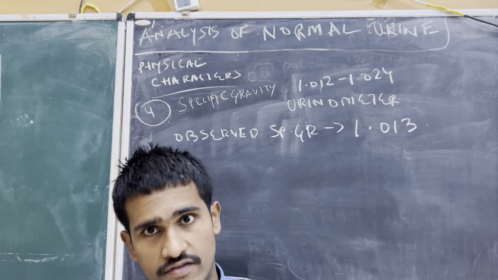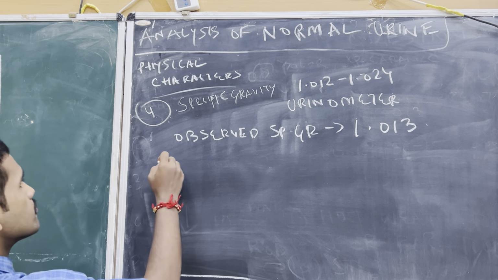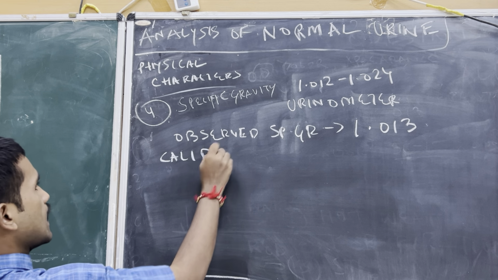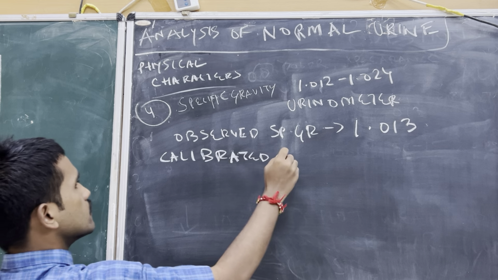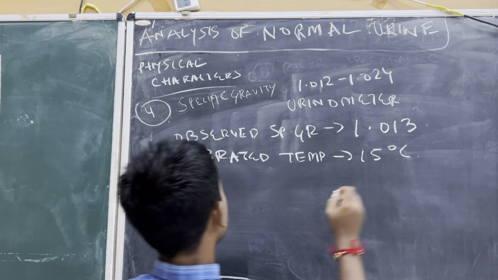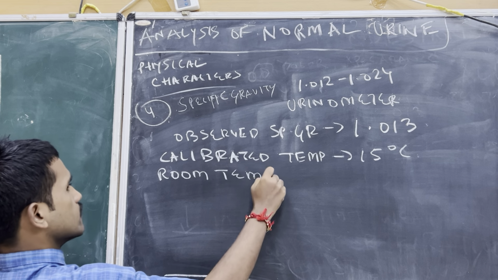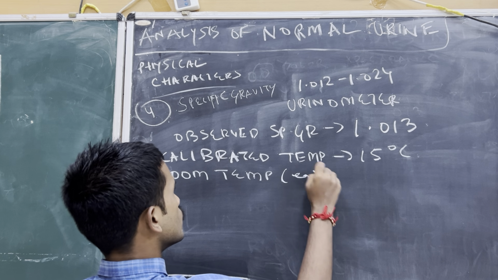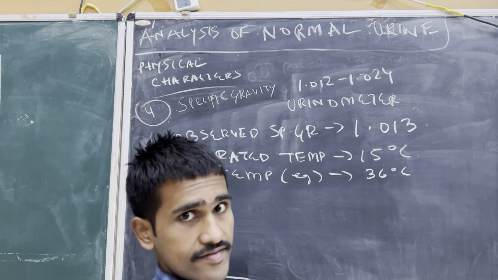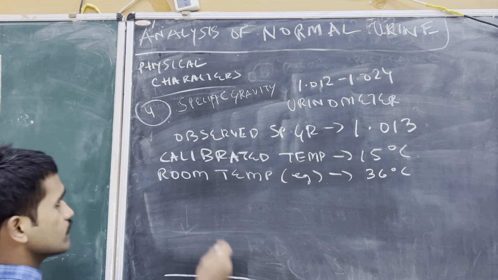Here we must note that the urinometer is normally calibrated at 15 degrees C. As the room temperature is higher, we have to make the adjustment accordingly. How? Calibrated temperature 15 degrees C. Room temperature, for example, 36 degrees C. For India, we can take 36 randomly.